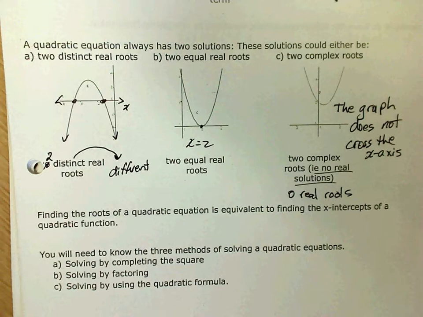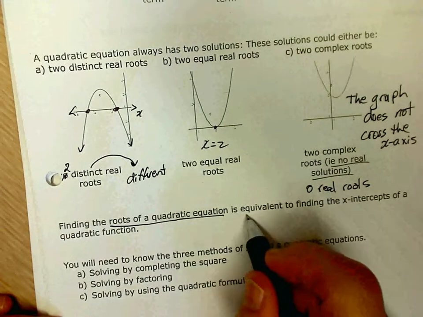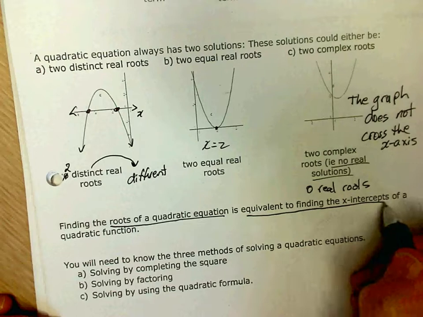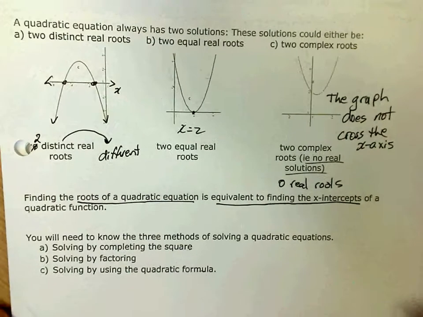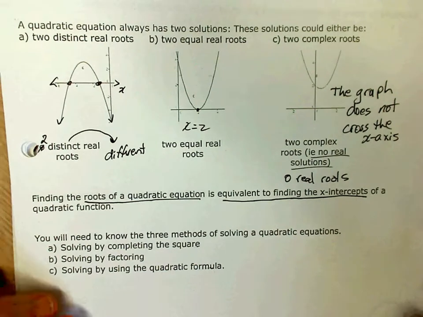You're going to learn three methods. Finding roots of a quadratic equation is equivalent to finding the x-intercepts. That's important, right? So first of all, we're going to start out with solving by completing the square.